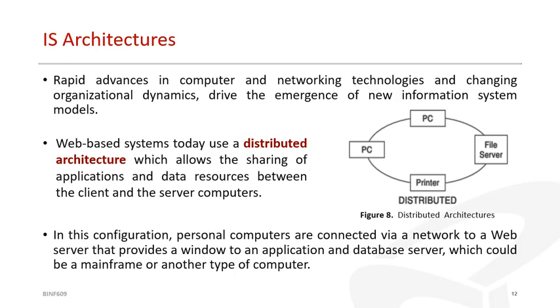The server usually houses applications and data that are shared across the organization, whereas PCs store applications and data that do not require any sharing. This architecture provides a highly integrated approach for updating and sharing of data in real time, with minimal duplication of effort and increased data consistency.